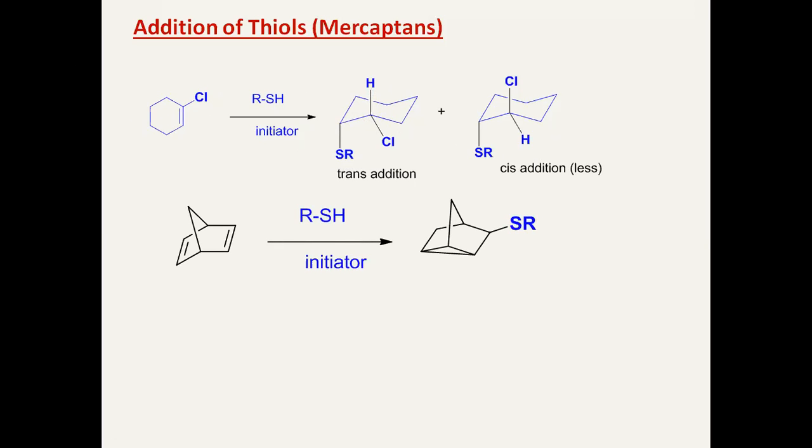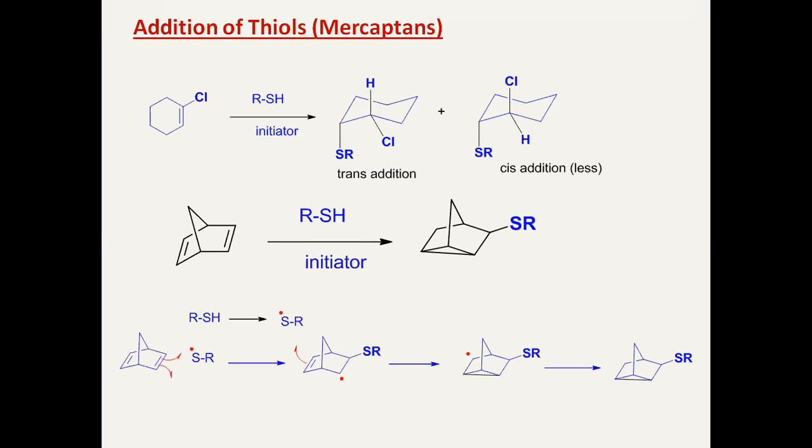One more example is there before you, and the mechanism is also given. First of all, the initiator breaks this SS bond, S attacks here, radical generation, this radical forms a bond. This radical takes the hydrogen.